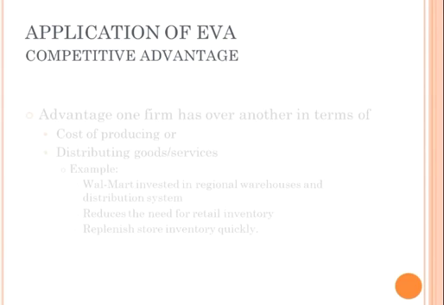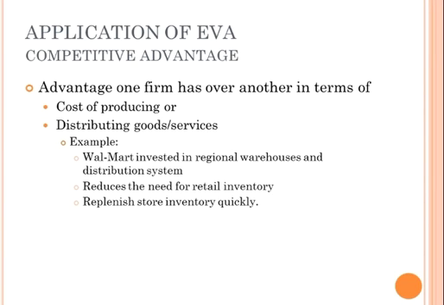As long as economic value is higher than cost of capital, my company is generating a high amount of value. Now, if we look at where it is applied, it has some advantage in terms of the cost of producing or distributing goods and services. If I know what cost I am incurring for production and distribution, I get to know my operating expenses.